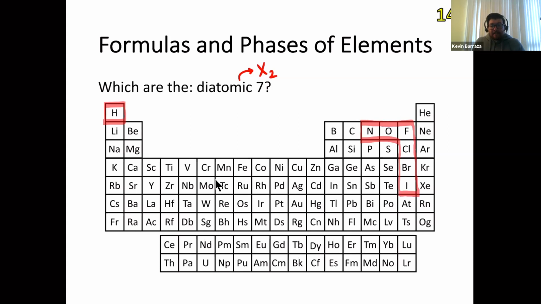Now about the phases. The majority of elements are actually solid at room temperature, so it's easier to designate which ones are not solids. Remember that we have a group called the noble gases for a reason.